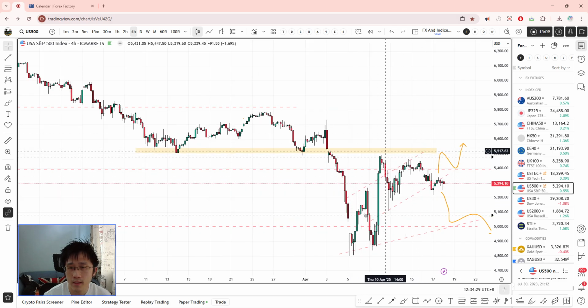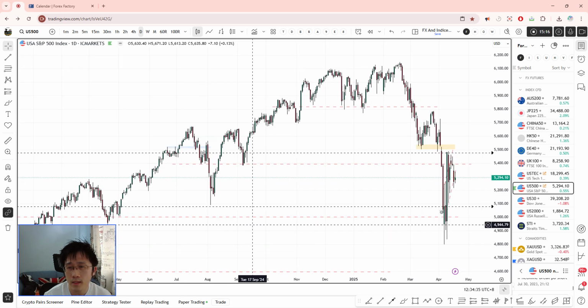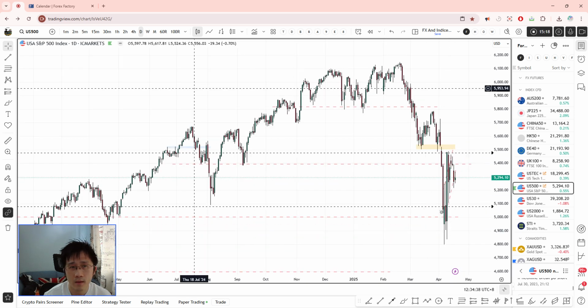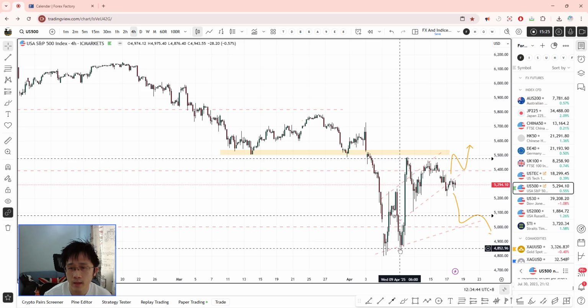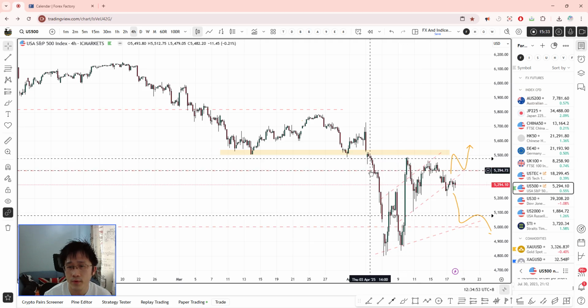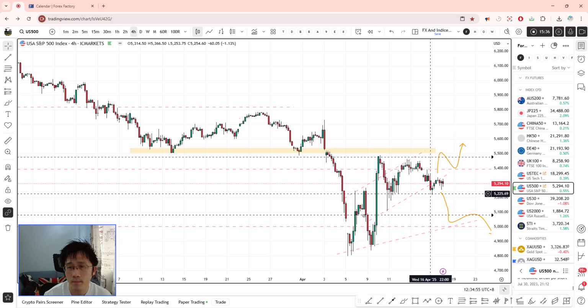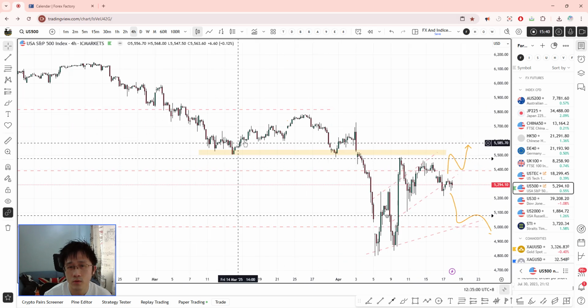On the daily, nothing much, but on the 4 hourly you can see that it is actually making a higher low, higher low. So unless it breaks around 510, it will probably continue this downtrend again. It's just similar to this one.